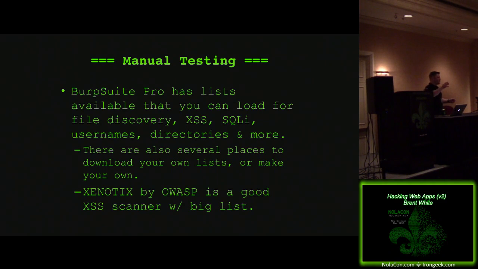You can throw the same payload at one and it might not pop cross-site scripting, but the other 2 will. So it's a really nice tool to see, based on the engine, the Gecko engine or whichever, how they interpret the payloads you're sending. Xenotix by OWASP is a really good cross-site scripting tool to validate those vulnerabilities.